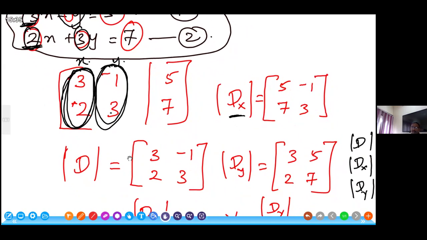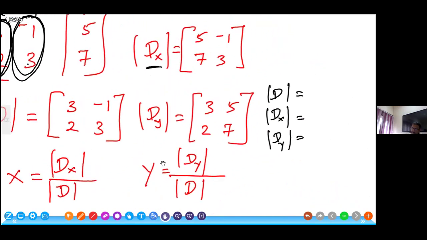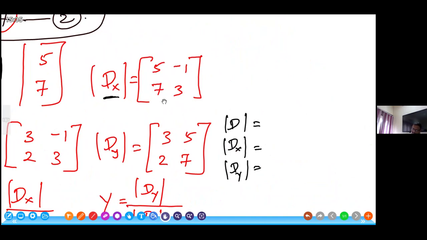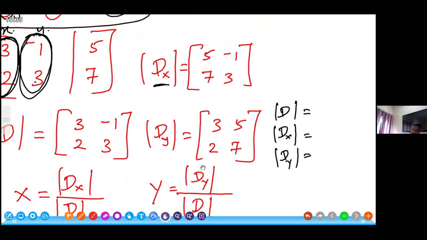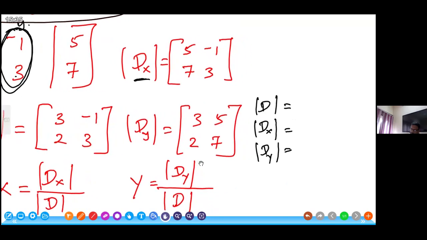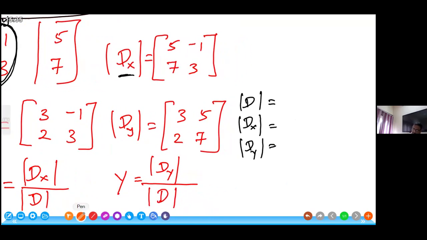Can you get the value here? This is dx; we will look for d. D is 9 plus 2, which is 11, isn't it?